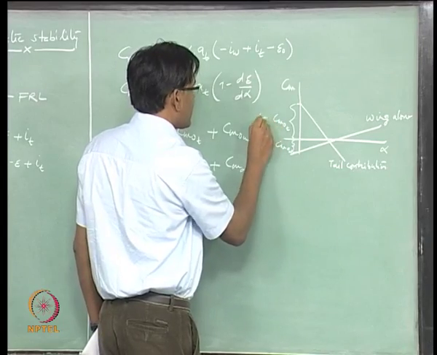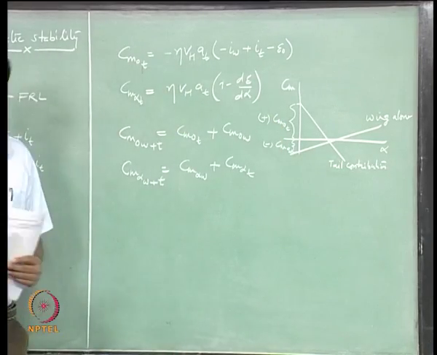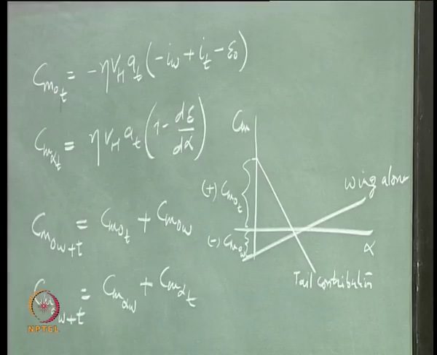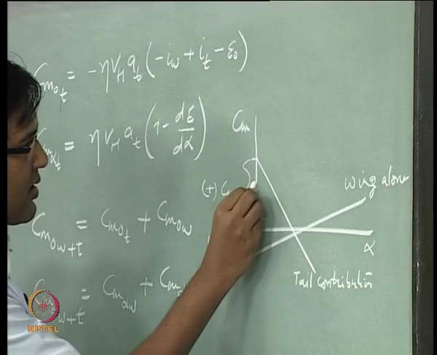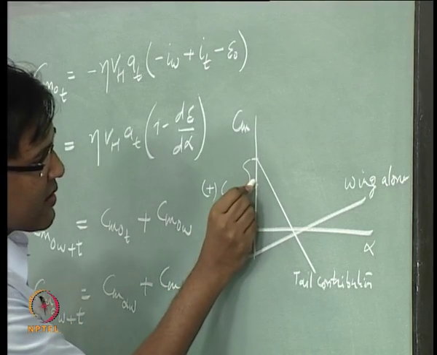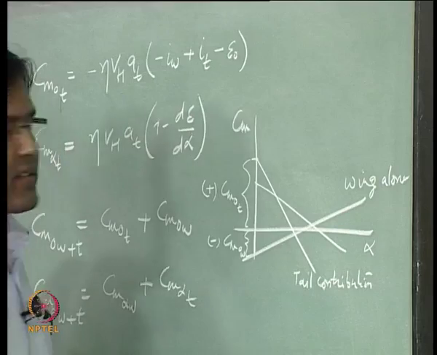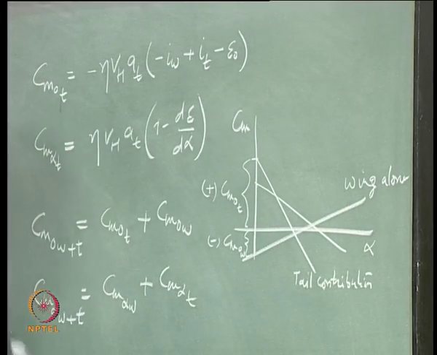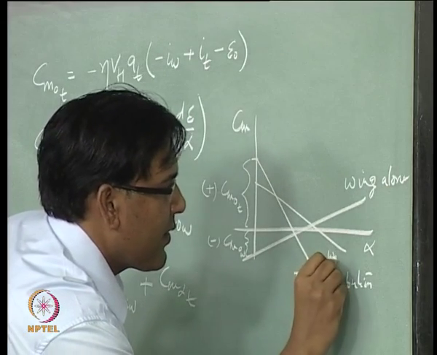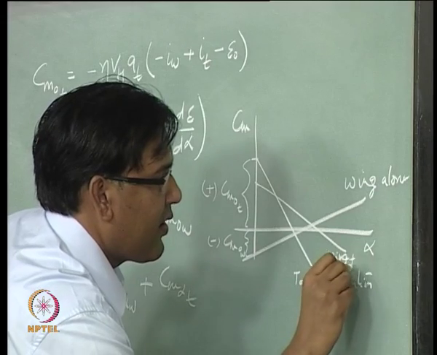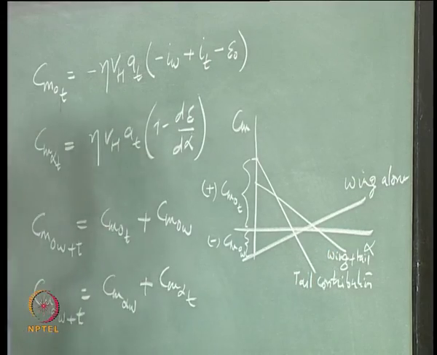And this has to be positive, right. So, finally, for this wing tail airplane configuration, what you would get is something like this, right. Wing plus tail.